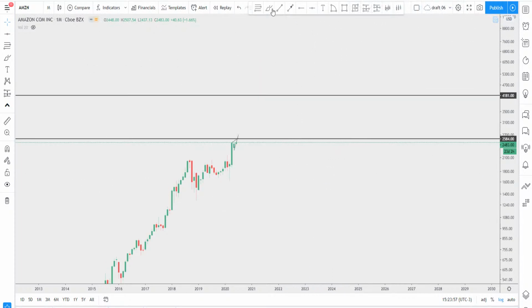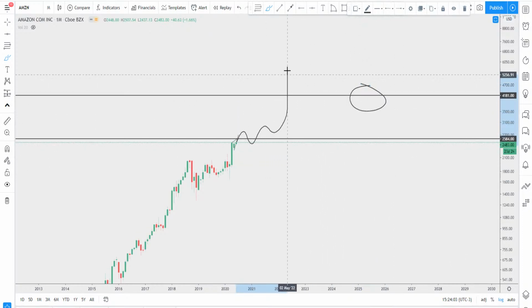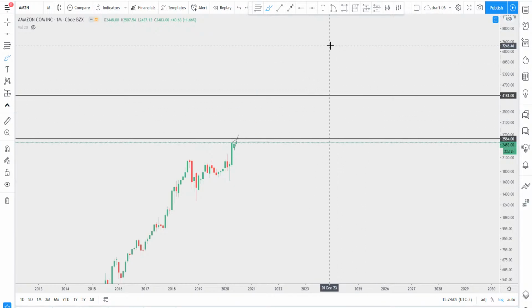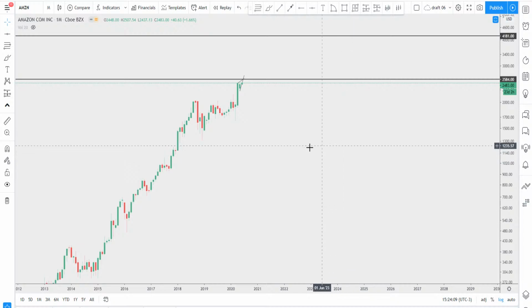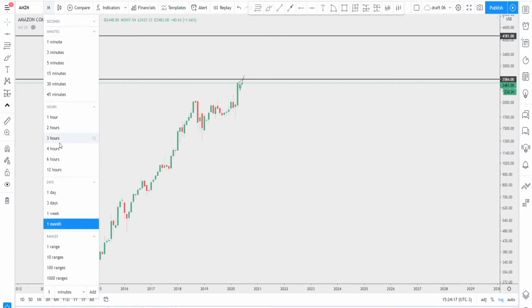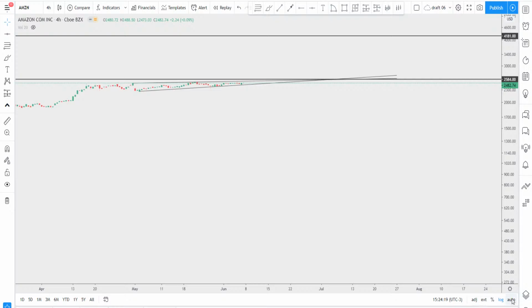So this is the next target for Amazon in the long run, okay? Like I said, it's not going to be like this. And so this is the next target. And I also shared the target for a bear break, okay, which is not a big deal compared with the parabolic move. So now let's go back to the 4 hours.